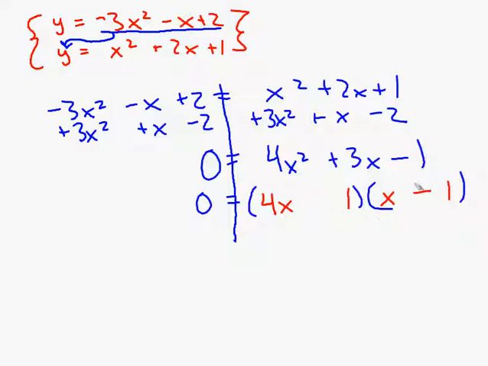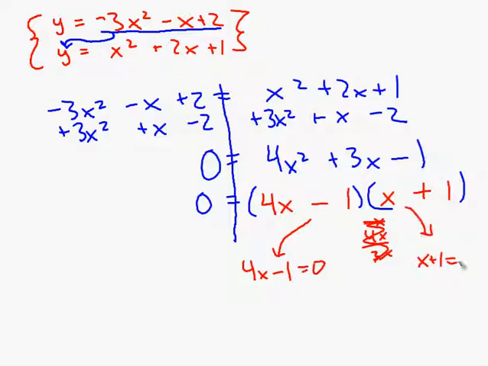So we change our signs right here. And then when I do my check, I get negative x and 4x, which does give me the 3x. So this is the correct factoring, which means 4x minus 1 equals 0, and x plus 1 equals 0 from before. We solve both of these. X is a fourth, and x is negative 1.